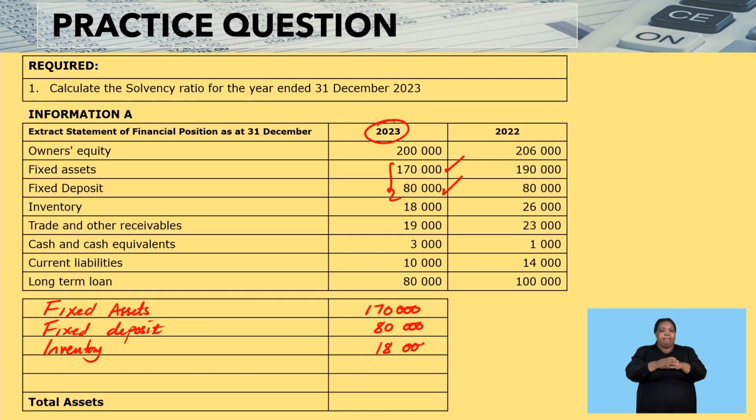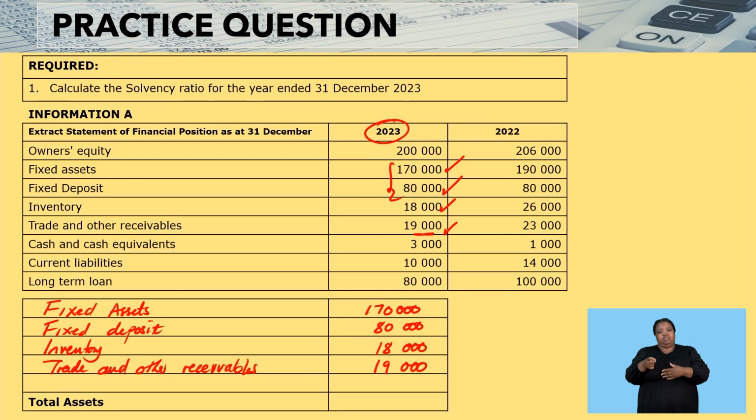My next one is trade and other receivables, which is 19,000.